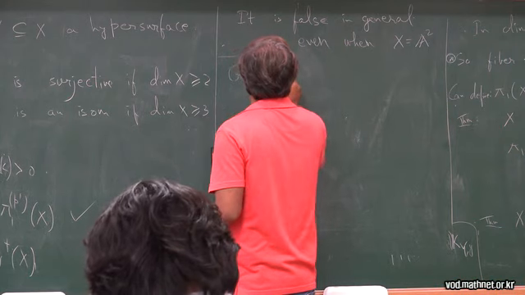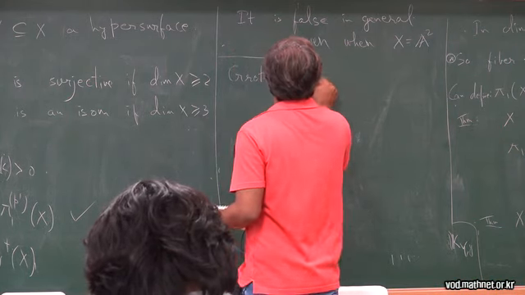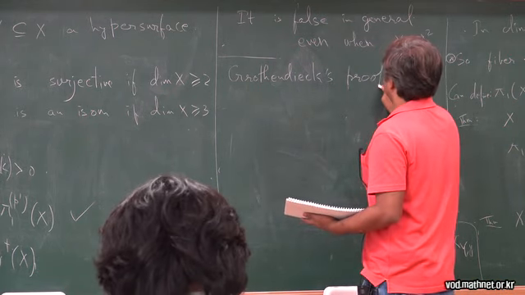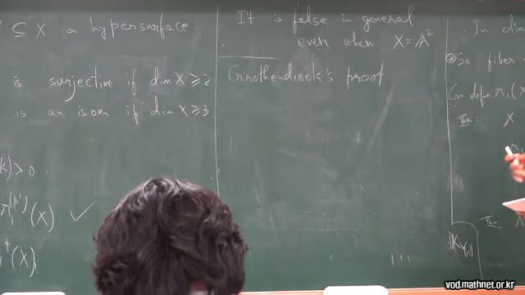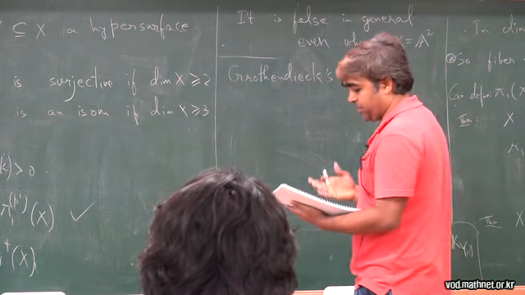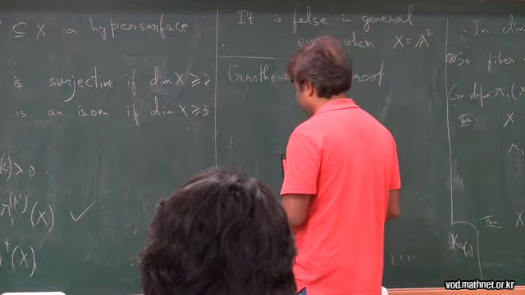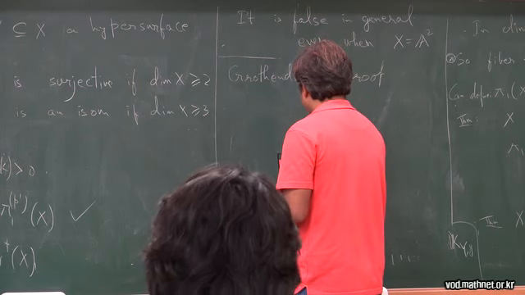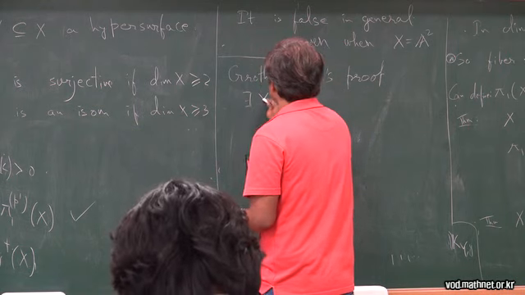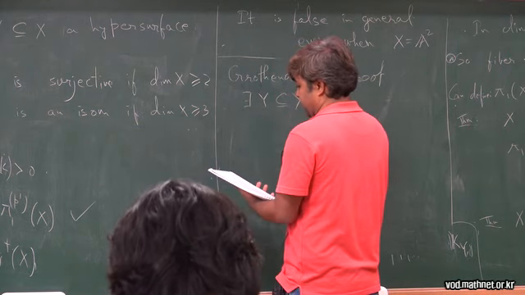The proof is that he looks at some categories of covers, and then he shows that they are equivalent and so on. So what he shows is there exists Y contained in X, some hypersurface.